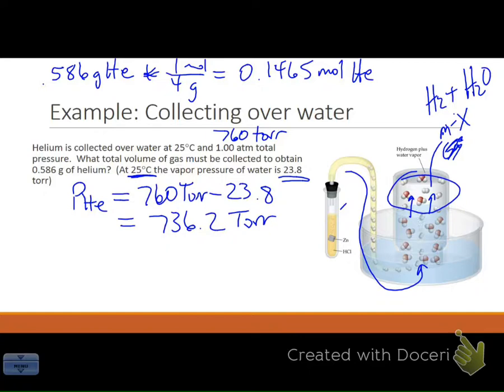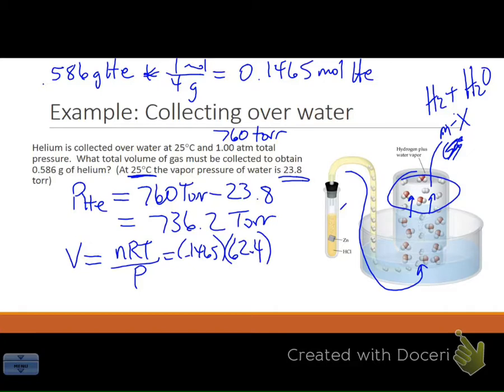And now if you want to find the volume, it's just PV = nRT. I'm rearranging PV = nRT here, so this will be nRT over P. And we just sub in these numbers. I've got the moles, 0.1465. I'm in torr this time, so I do need R in torr. You can look this up if you don't believe me, but R in torr is 62.4.